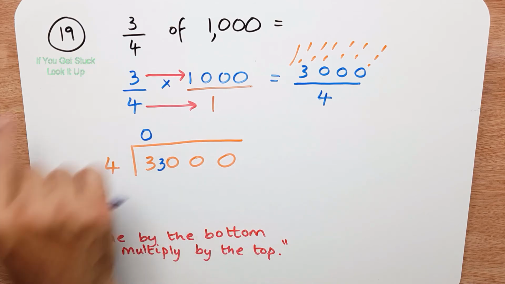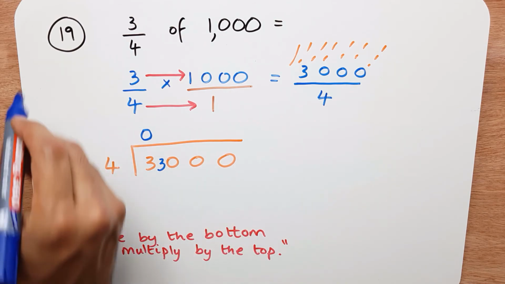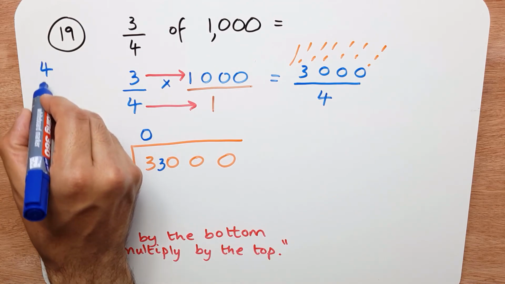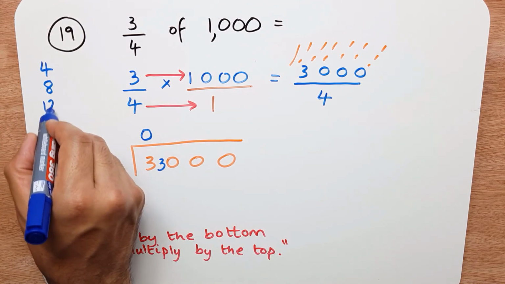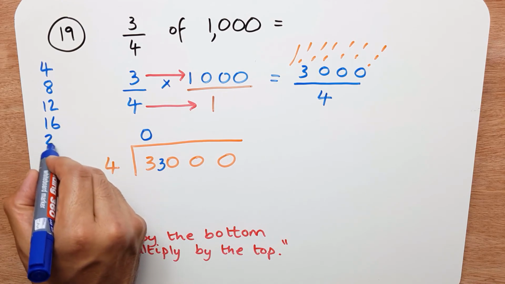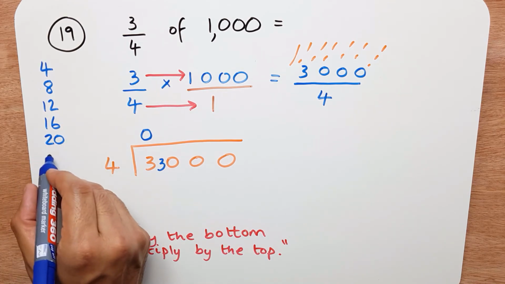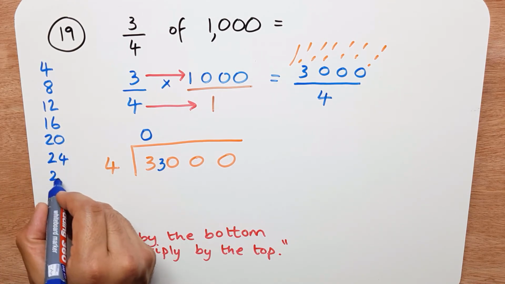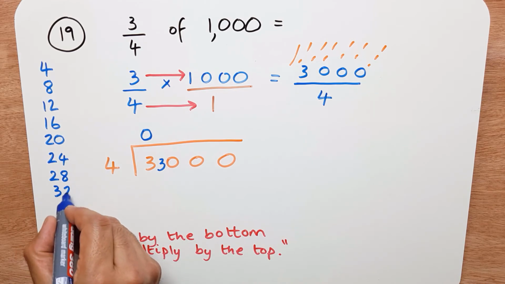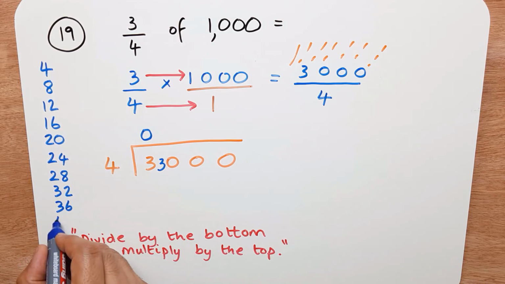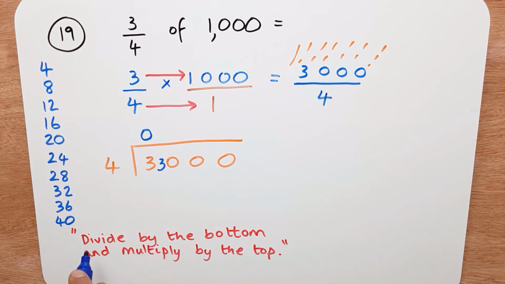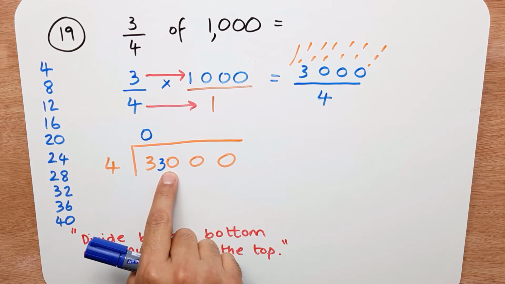As before, if you know your times tables, it's much easier. So let's do the 4 times table: 4, 8, 12, 16, 20, 24, 28, 32, 36, 40, and so on. We only want to go to 30.